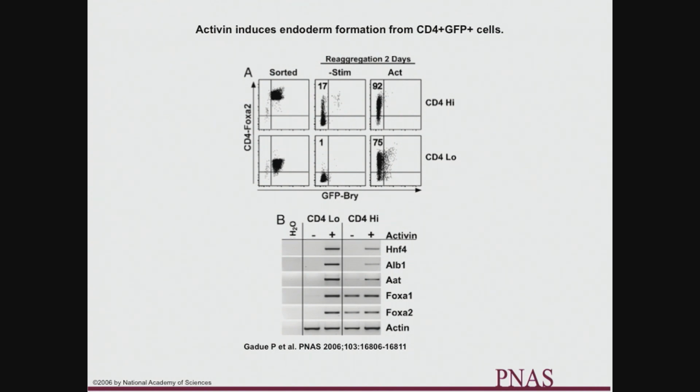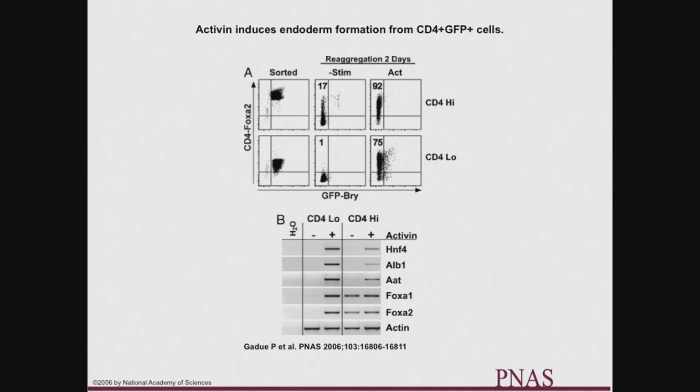And when you replate all these cells for 5 to 7 days and then analyze them for key endodermal markers, including some liver markers, the key finding here is that this population does not express any of these endodermal markers. Whereas this, what we might hypothesize is our most endodermal population, expresses quite clearly a number of these markers.